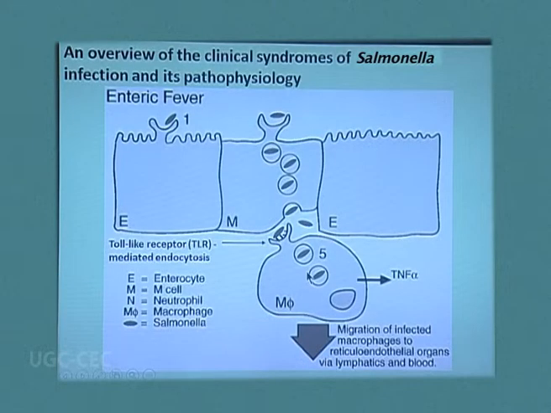And then the macrophages themselves act as carriers of this bacteria, and they take it to the reticuloendothelial system via the lymphatics and the blood, and thereby they can cause the systemic infection.